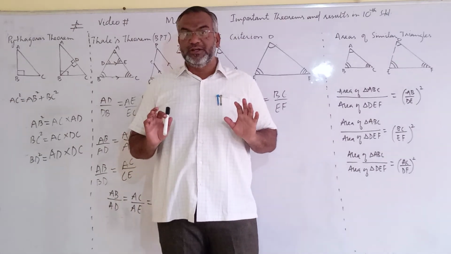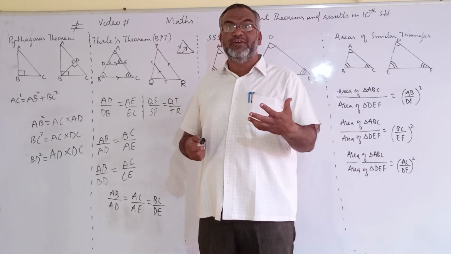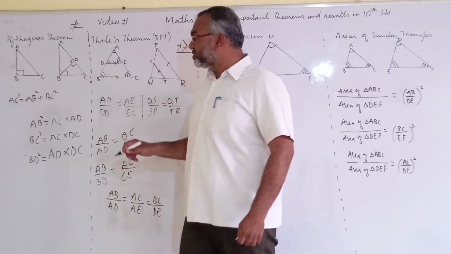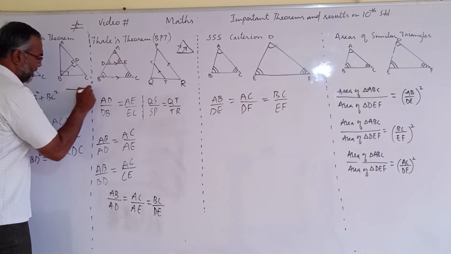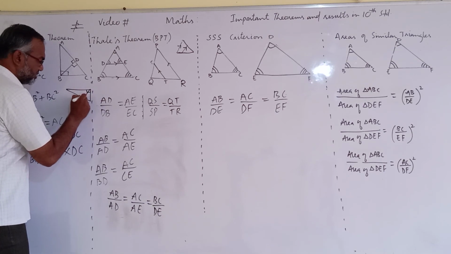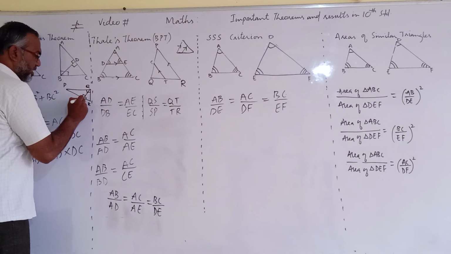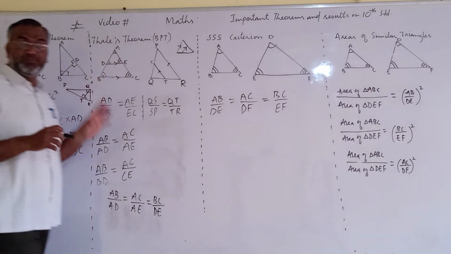Memorization is not important, because in the examination we don't know how the figure will be given. The figure may be given like this, or they may give this same figure in this way. Here is 90 degrees, here is P, Q, R, here is T. So what you have to do is, how to write, I have explained.